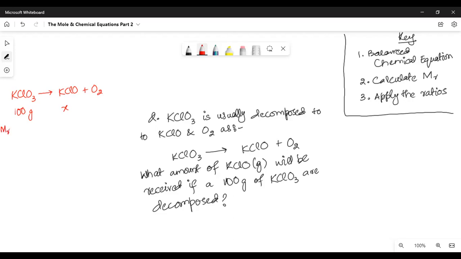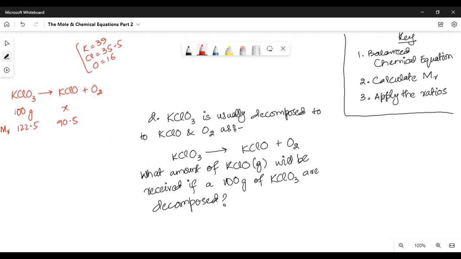And when you noted down the MRs, that's 122.5, and I haven't calculated it myself, so I'm just going to assume that whatever you calculated is right. And this one is 90.5. I hope you took potassium as 39, chlorine as 35.5, and oxygen as 16 from the periodic table. If you have taken these values, yes, you were right.